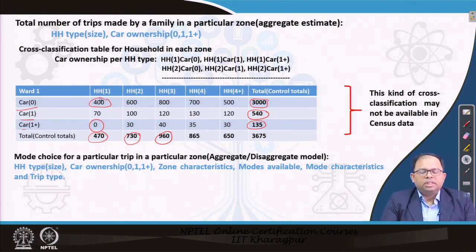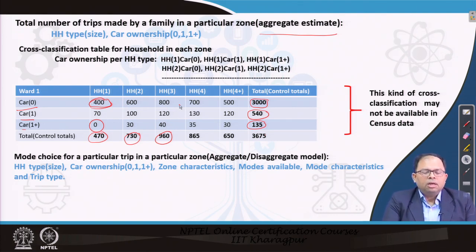So, we need to have certain methods using which we can have this sort of disaggregation, which would be helping us to determine the mode choice of this particular group of individuals. So, that is why even for an aggregate estimate, we need to have this sort of classifications.